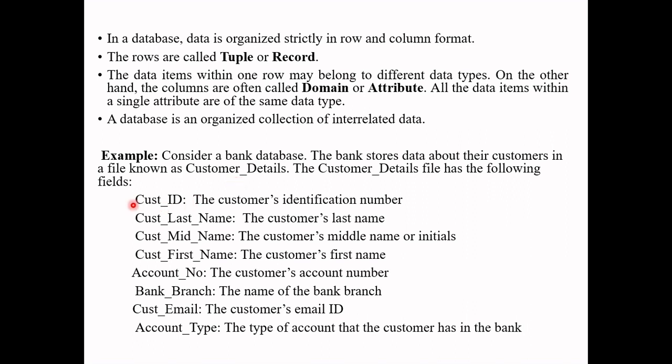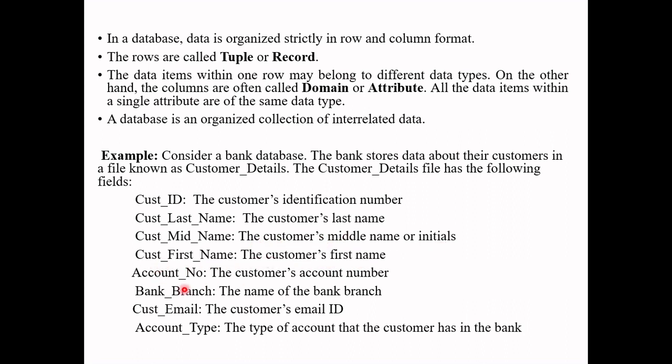So the first information is customer ID, cust_ID, which is the customer's identification number. Then customer last name, customer middle name, and customer first name.